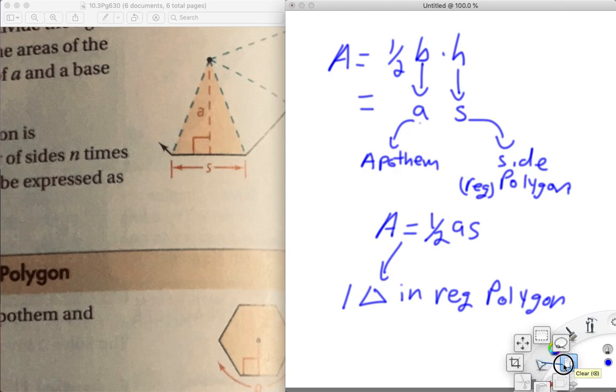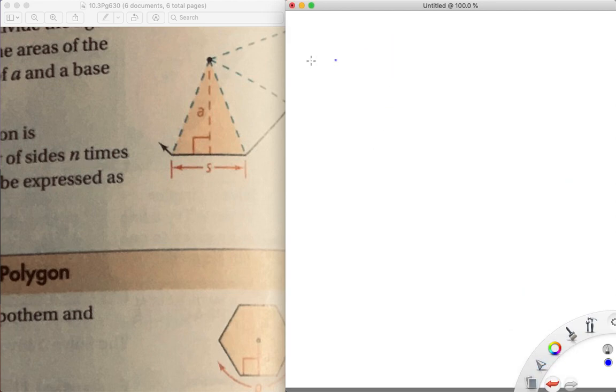So if we have the area of one triangle equal to 1/2 the apothem times the side of one side, I have to multiply the number of triangles by the number of sides.